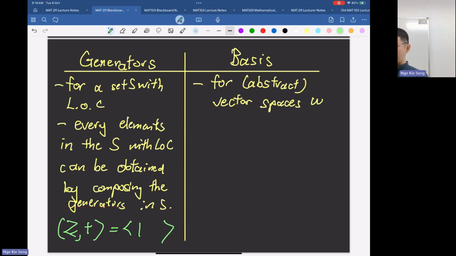So let's see what happens if I have 1 inside this angle bracket here. First of all, what do we require for this smaller subgroup? You need to have 0. So 0 and 1 are inside here already. And then closure: 1 plus 0 is 1. 1 plus 1 is 2. 2 plus 1 is 3. So from 1 you can generate the whole natural numbers already.